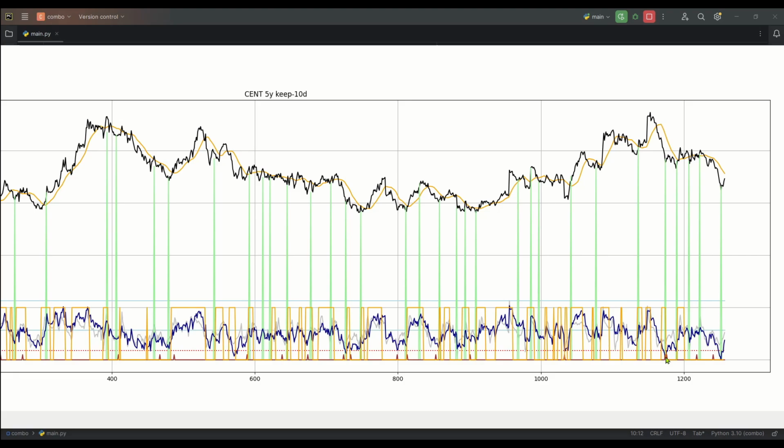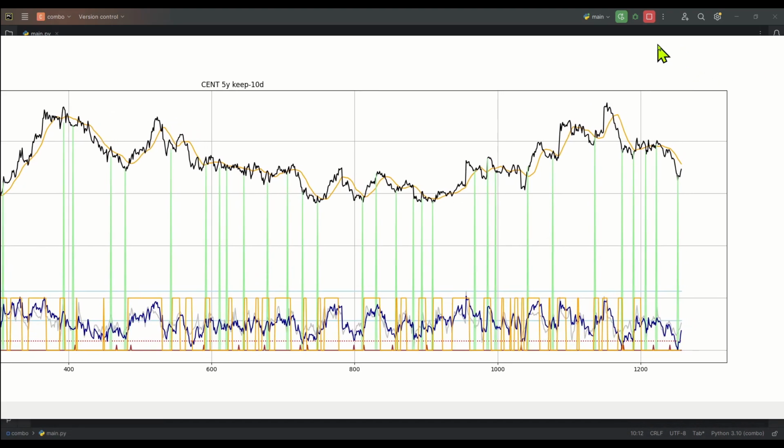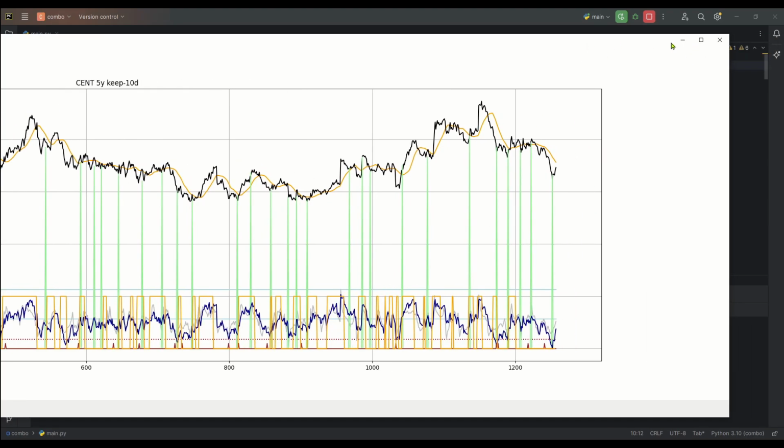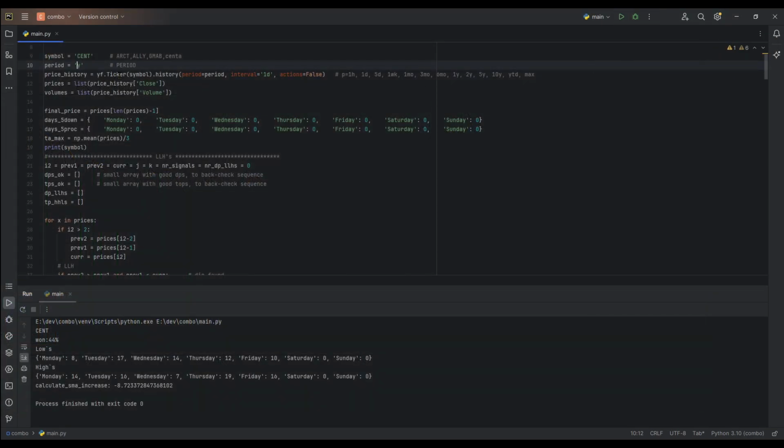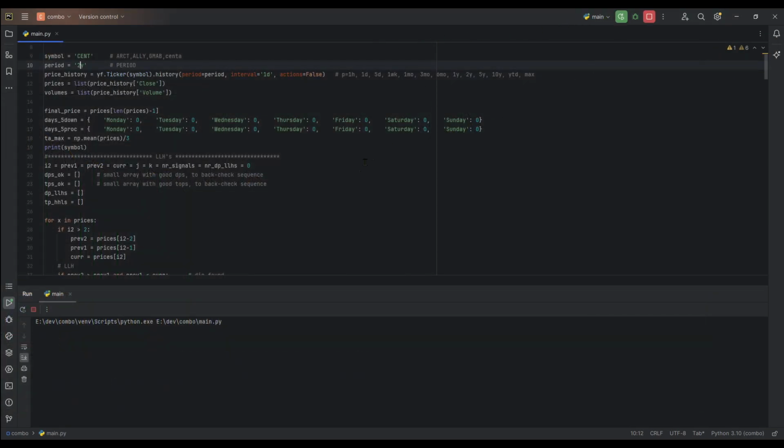You see how low the RSI is here, and the volume is good. There's some volume over here. Blue is low, and there's a green. Yeah, I would have invested in this for sure. And let me show you on the 2-year again.